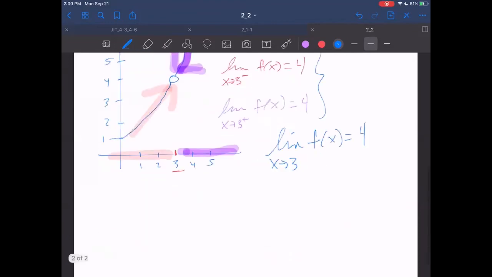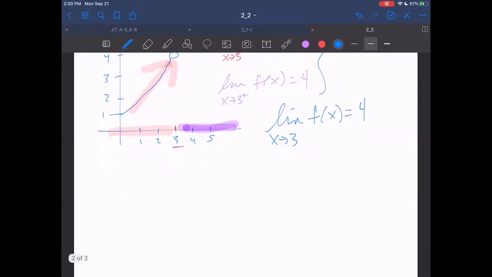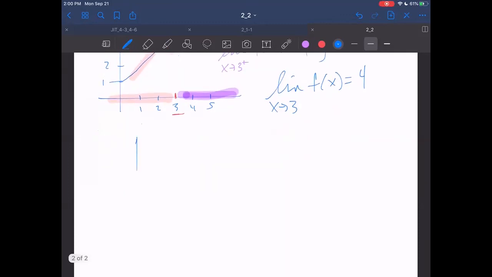Okay, now this won't always be the case. Sometimes we might have something that looks like that.